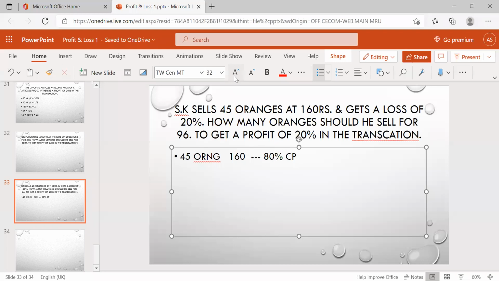It means loss. Okay. First what they said, loss only, right? Gets a loss of 20%. And now next you need to sell some X oranges. We don't know that one. Keep the question mark here. At what price? 96.